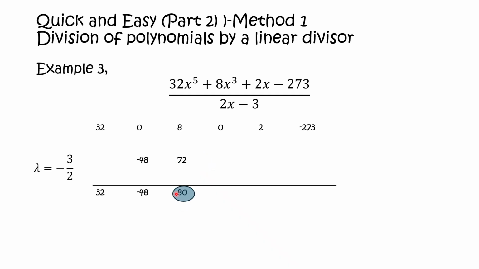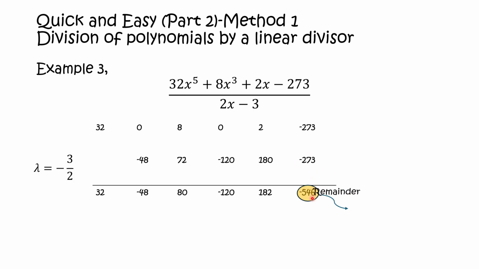Minus 48 times lambda, we get 72 plus 8, 80, times lambda, we get minus 120, plus 0, still minus 120, times lambda, we get 180 plus 2, we get 182. We multiply that one by lambda, we get a, said positive, actually, it was negative. So that's it and done. We divide throughout by 2, excluding the remainder. So that will be our answer there.